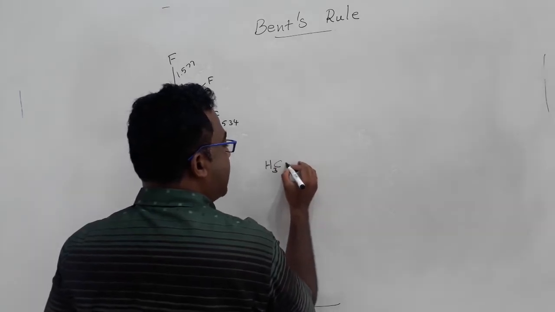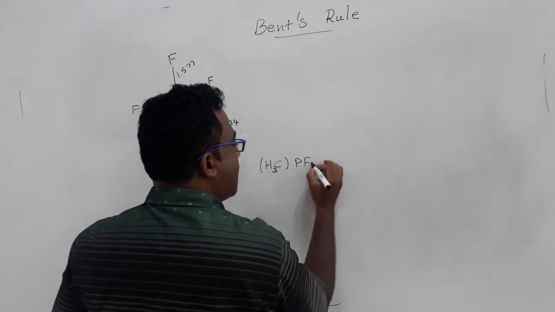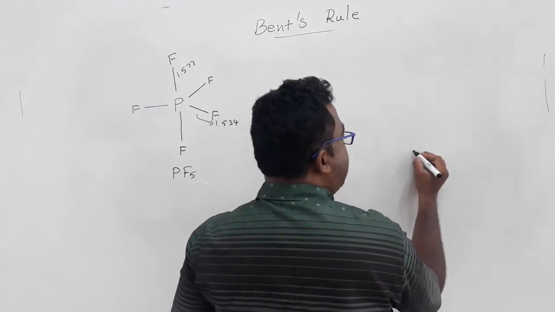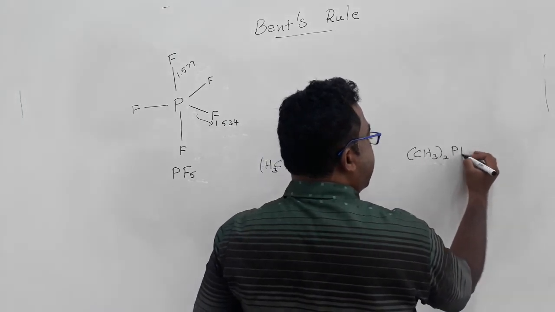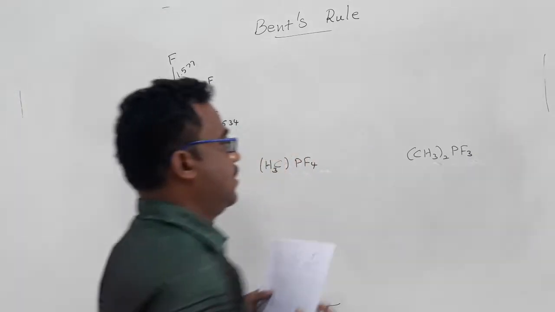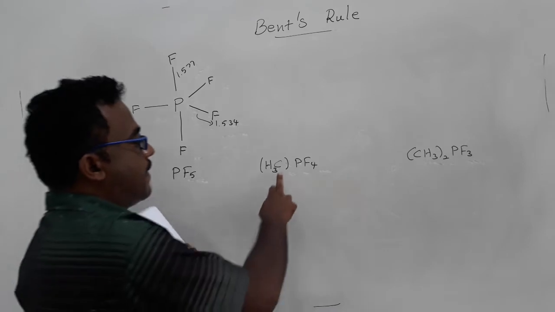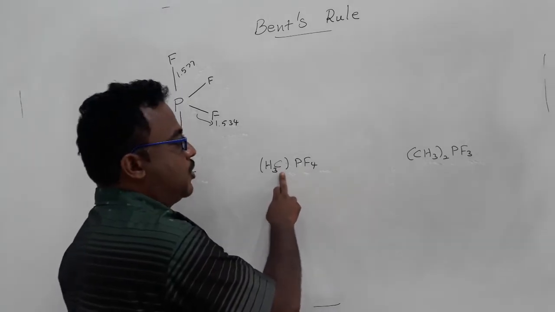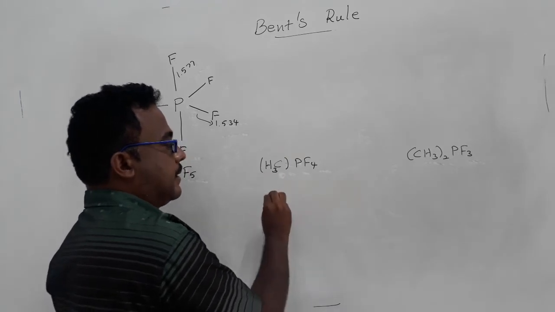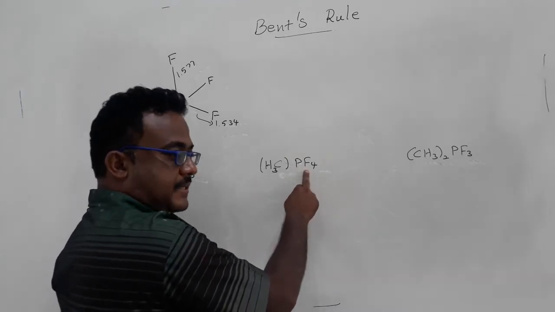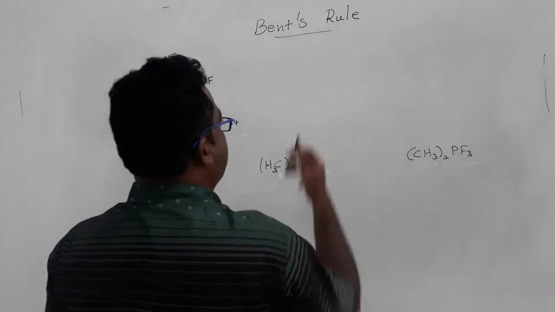Okay, now we can compare with methyl substituted phosphorus fluoride and also with dimethyl substituted phosphorus fluorides. First question, this methyl group will go to the axial or equatorial side? According to Bent's rule, it's very clear that fluorine should occupy the axial side and the methyl group should go to the equatorial side.